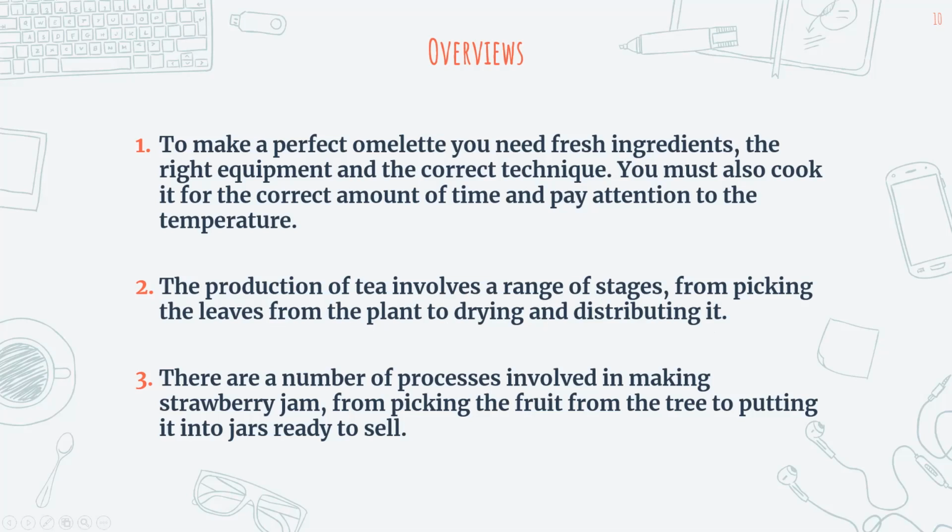Okay, maybe you are talking about making strawberry jam, which is my favorite, by the way. There are a number of processes involved in making strawberry jam, from picking the fruit from the tree to putting it into jars ready to sell. Okay, so these are some examples of an overview.